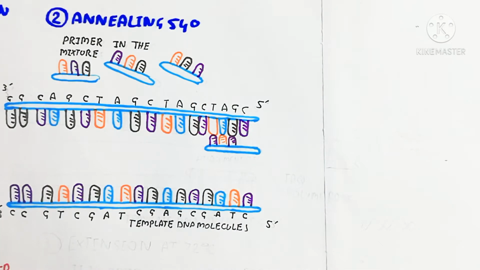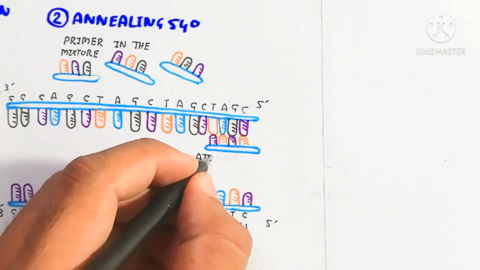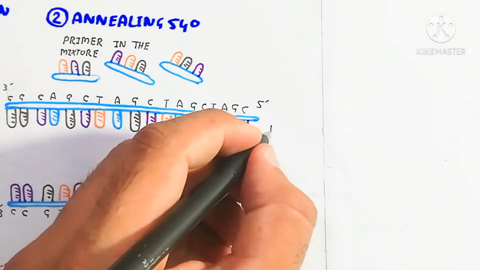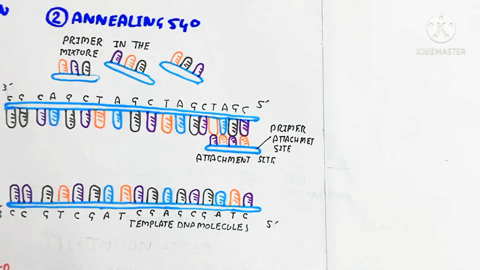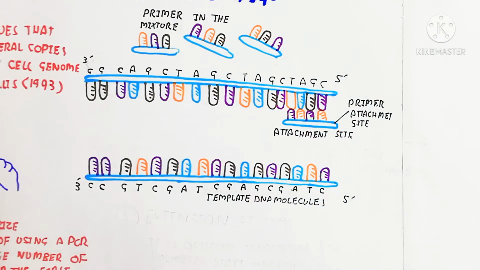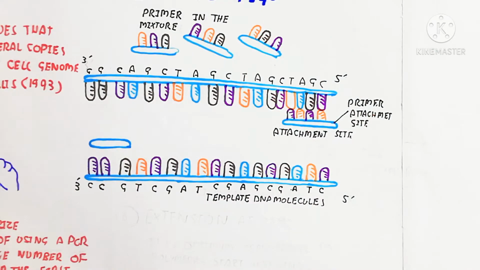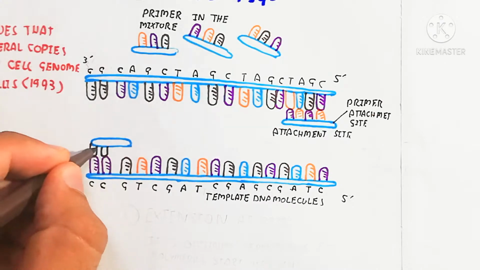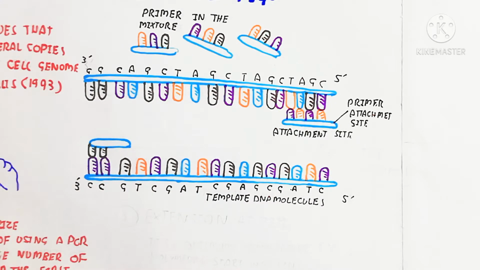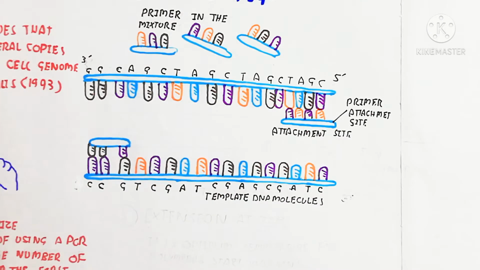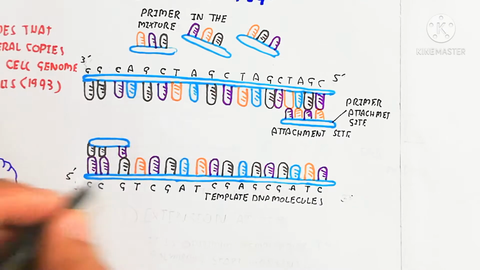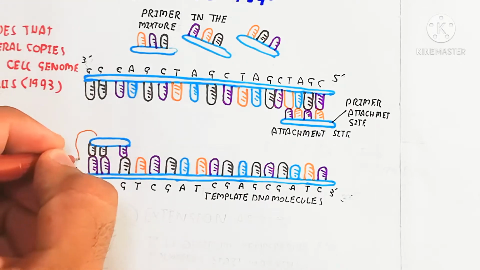The Thermus aquaticus bacteria are present in hot springs or hot water environments, and Taq polymerase binds the attachment site of the primer to begin the polymerase chain reaction. Then nucleotides come one by one and are attached by the Taq polymerase enzyme.